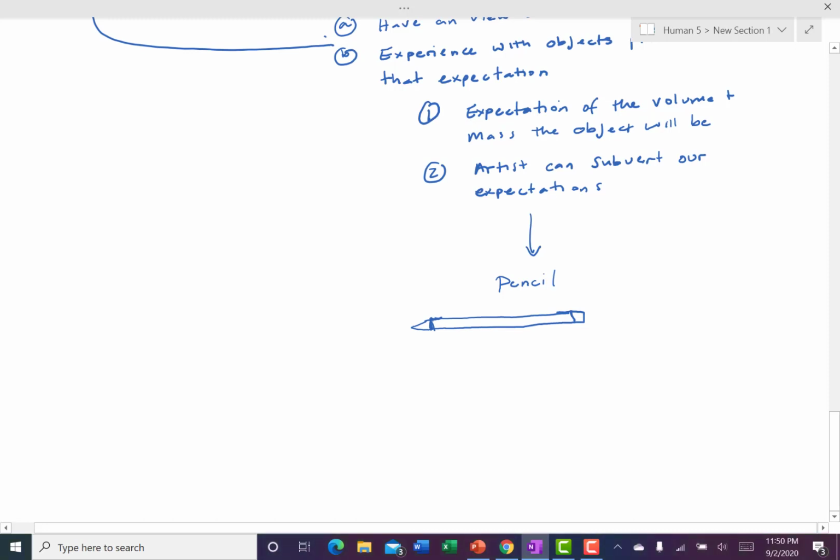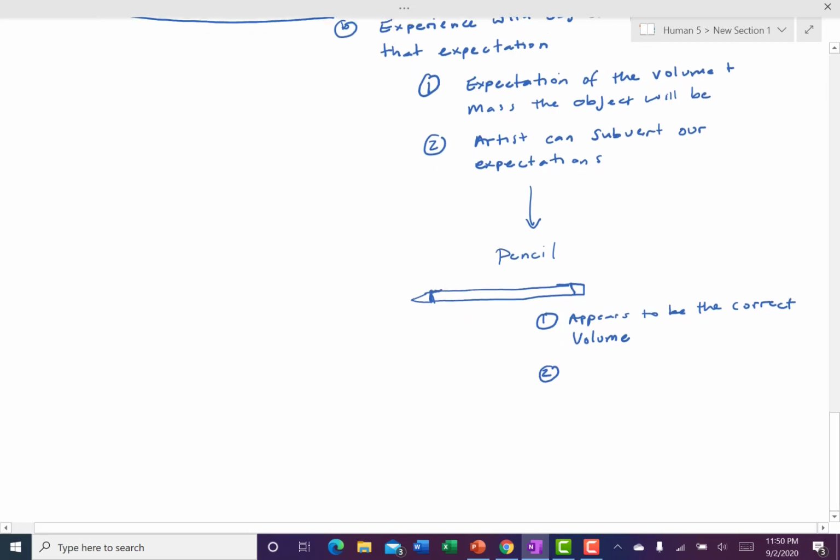So there's my pencil, right? And then I say, okay, this pencil appears to be the correct volume. And you're not, again, usually analyzing that. It's just naturally what you think.